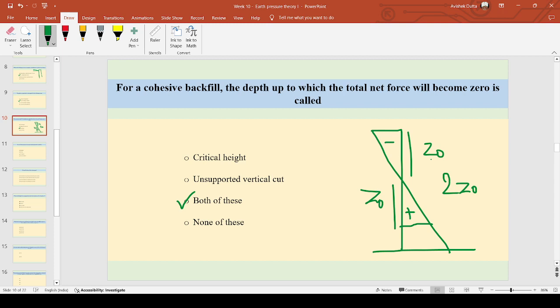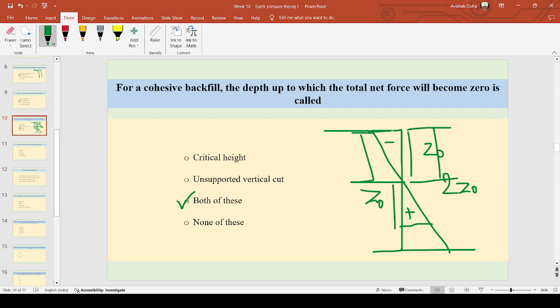Another is the depth at which the pressure is zero, from the top, that is from the ground surface. Yes, the depth at which pressure is zero, because it starts from negative and till here it becomes zero.